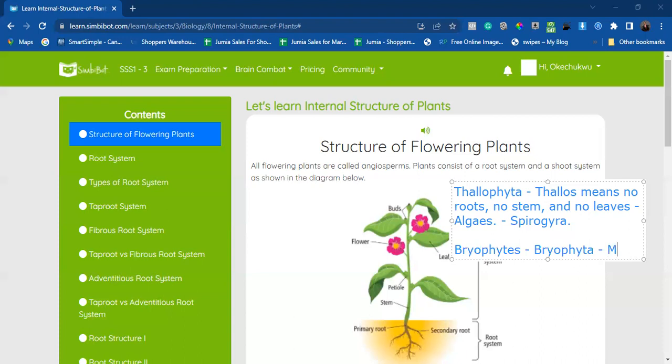A typical example of these are mosses, or what we call liverworts.